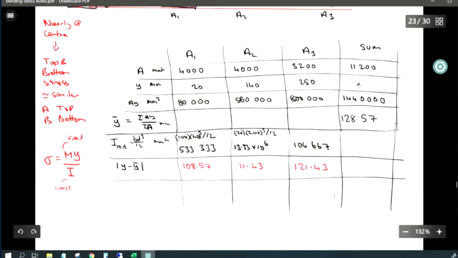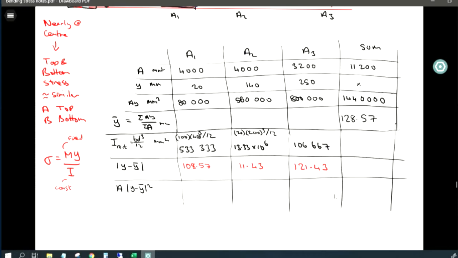So we'll just keep going with the table. We'll say A into y minus y bar squared. So that would be 108.57 squared times the area, which is 4,000.